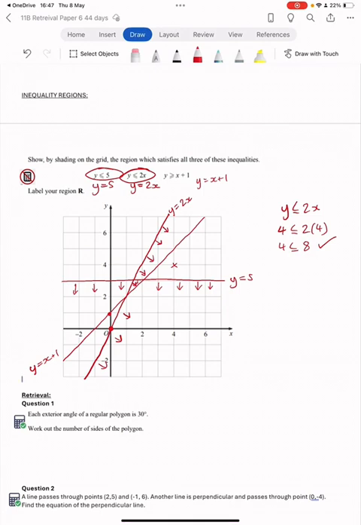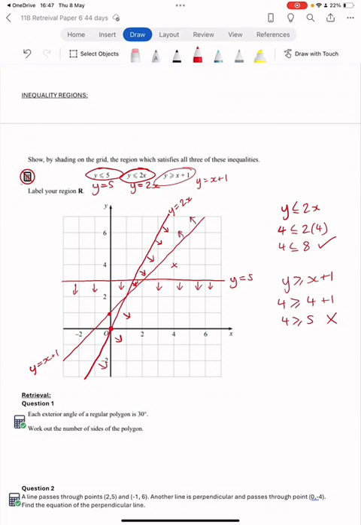And then finally, y is greater than x plus 1. So again, we'll pick a nice coordinate. I'm going to use that 4, 4 again. Why not? So 4 is greater than 4 plus 1. Well, 4 is not bigger than 5. So this time, I don't want the side of the line where that point was plotted.